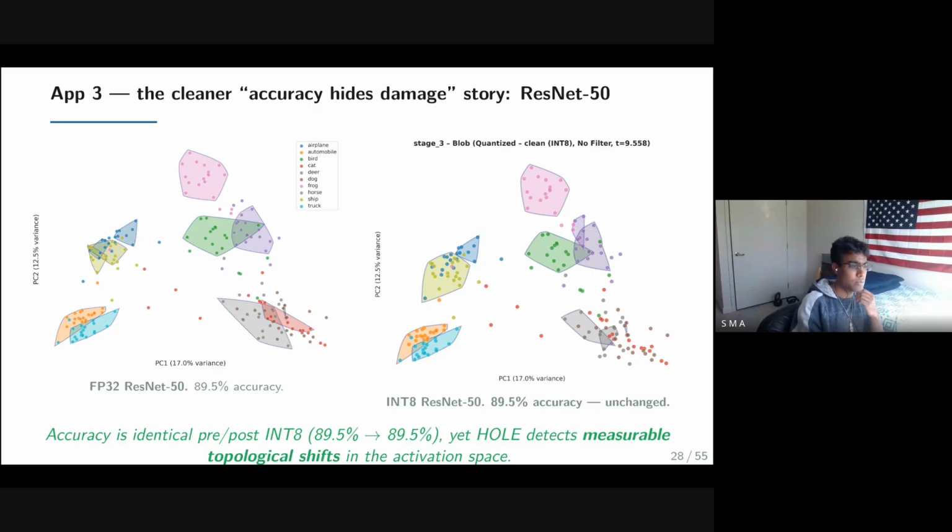Hole is more of a lens. It's like a microscope. You can look into the model, but it doesn't necessarily help you improve the predictive performance. That is what the user has to do. It's just a topological lens into the model.